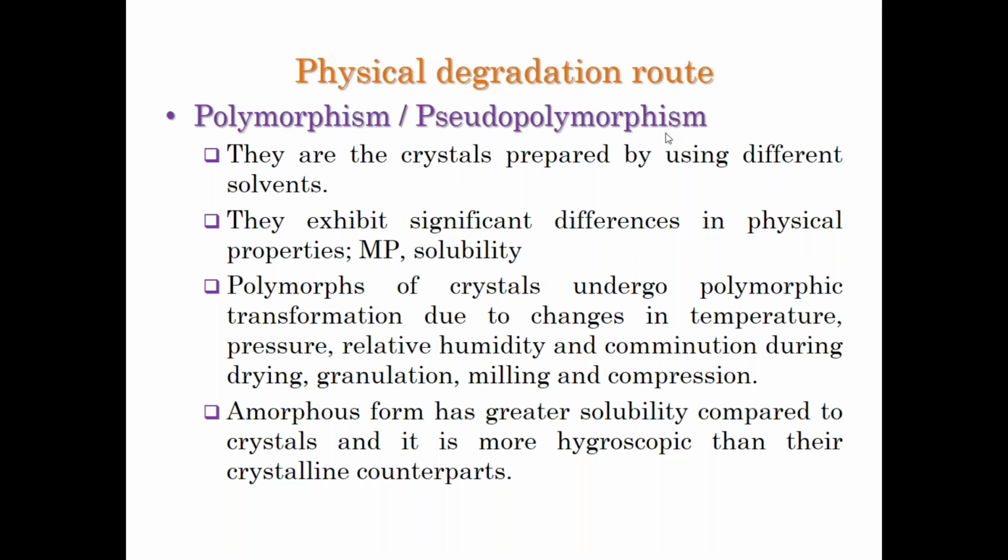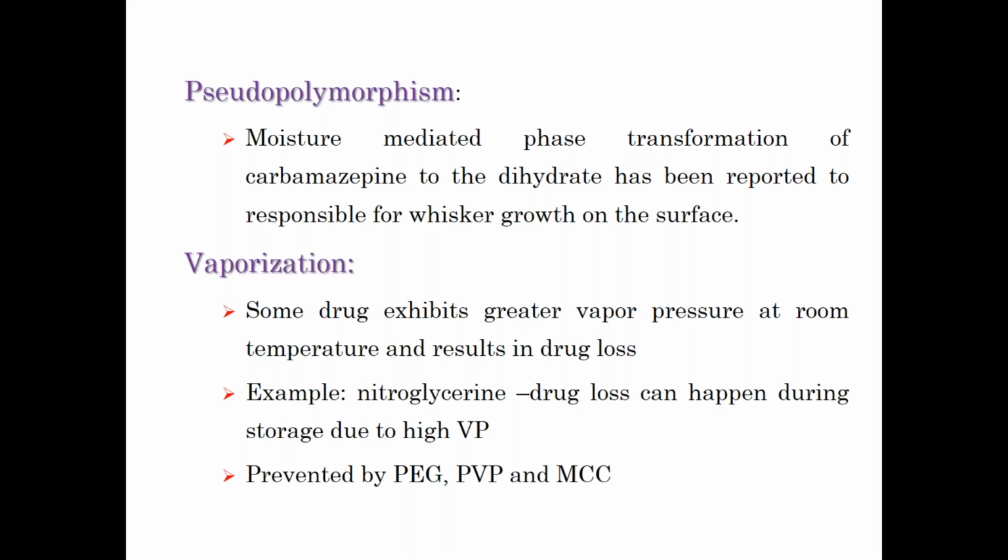If it is organic, you call it solvates. That is when the terms anhydrate, monohydrate, dihydrate, trihydrate, tetrahydrate are added when you designate the particular crystal. So that's about pseudopolymorphism, which mainly depends on the environment, especially the temperature and the kind of solvent present around the drug molecule.